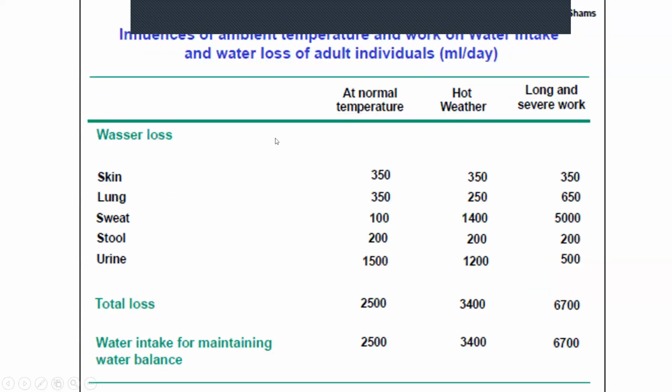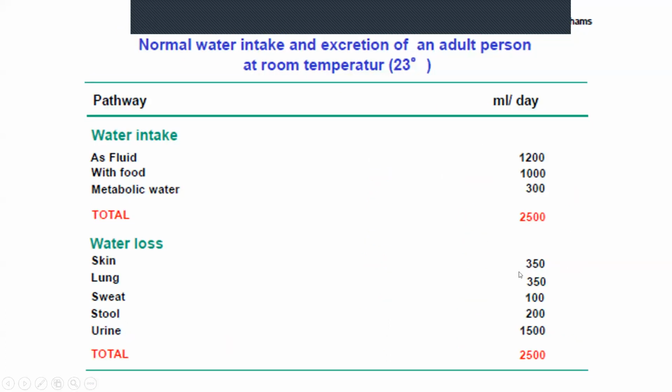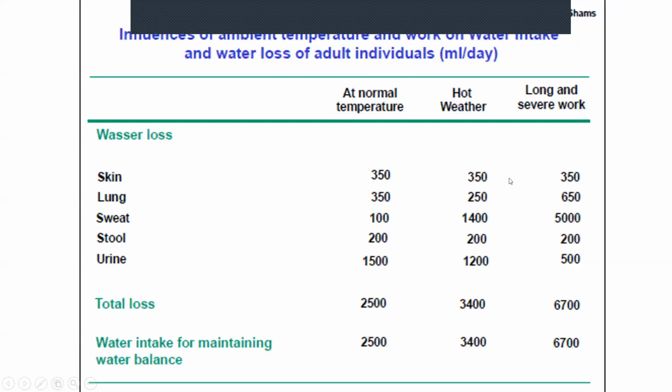And this is how different temperatures and different conditions will affect that intake and excretion. So you'll notice that in normal temperatures, we have the same diagram as before. But once you have hot weather, the skin loses the same amount of water as before. The lungs lose less water. Now, this sounds like it doesn't really make sense, but you don't really have to know that.